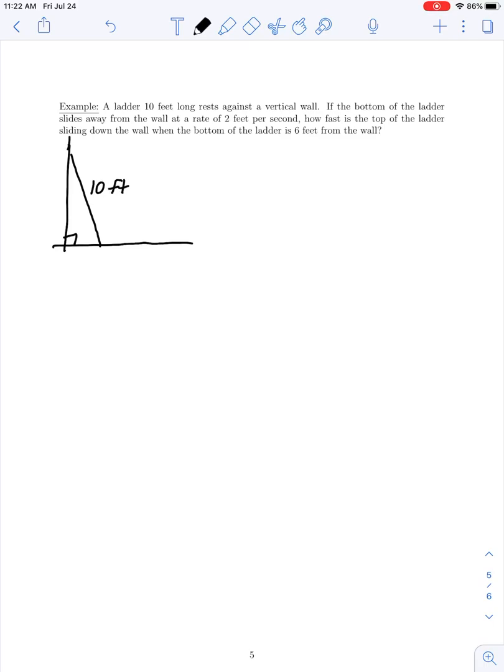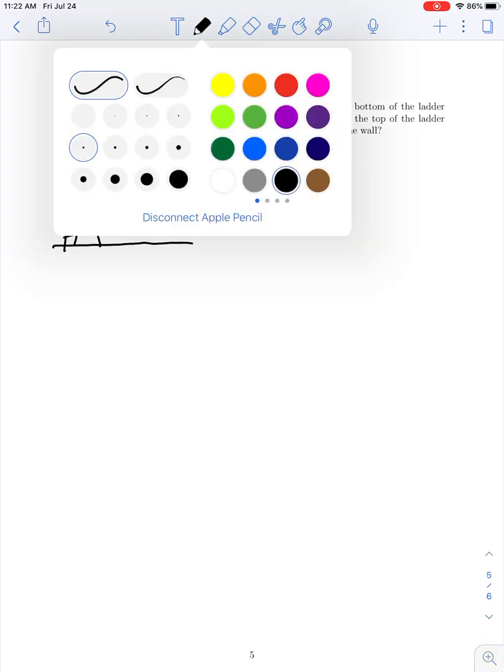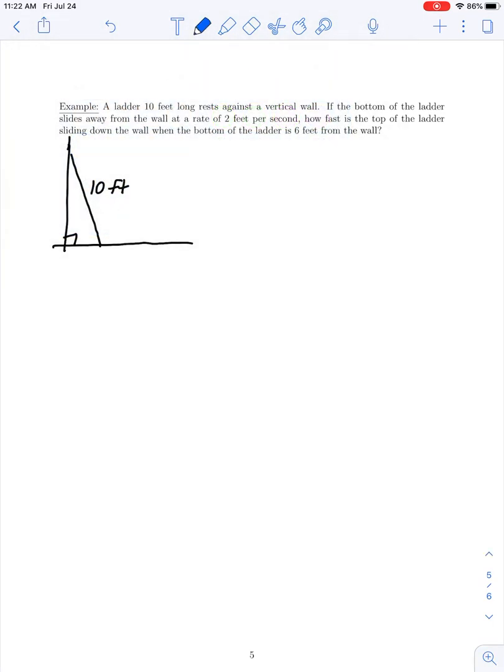And we're told that the bottom of this ladder starts to slide away from the wall. So it starts sliding. Our ladder is slipping, and therefore the top of the ladder is falling downward. So the question is, if we know how fast the foot of the ladder is sliding away from the wall, can we determine how fast the top of the ladder is sliding down the wall?